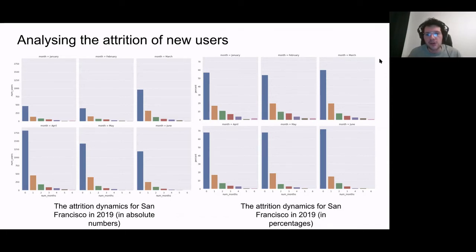I think it would be interesting to compare those who stopped using the platform after 1 or 2 months with those who stayed on the platform for a longer period. I think it's one of the interesting potential directions for this research.